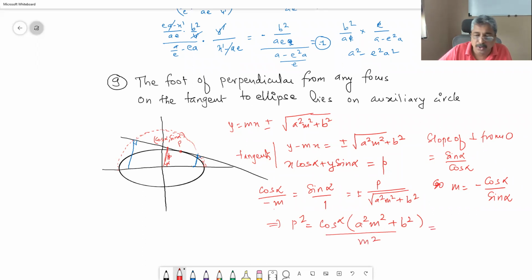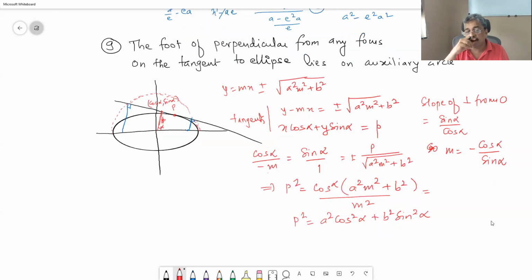If we simplify and put the value of m back into this equation, we get p square is equal to a square cos square alpha plus b square sine square alpha. That is our p square. You can cross check by putting m equal to minus cos alpha upon sine alpha here. We will get this expression for p square.